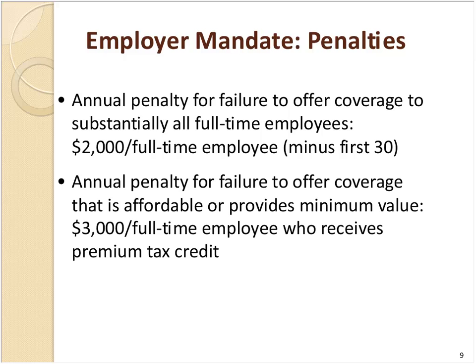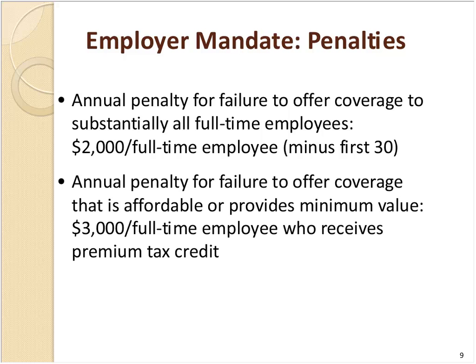$2,000. Say you have 50 employees. Even though you get the first 30 free, $2,000 times the remaining 20 is still going to be an uncomfortable number for many employers, and it's triggered not by the number of people who qualify for subsidies under the exchange.